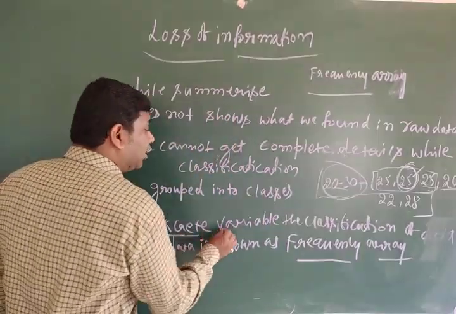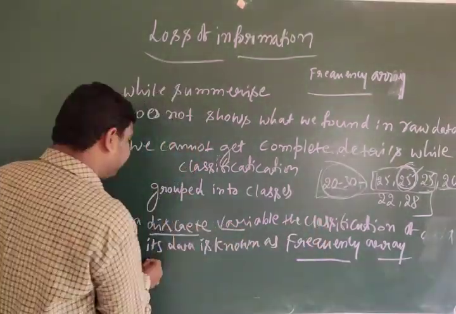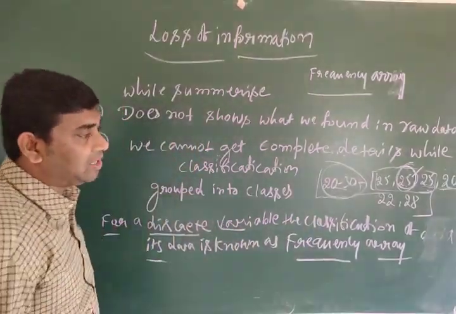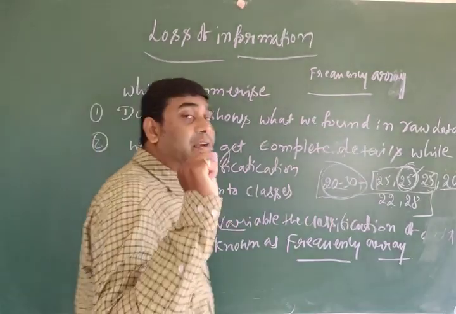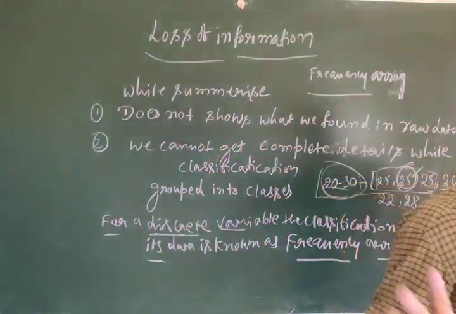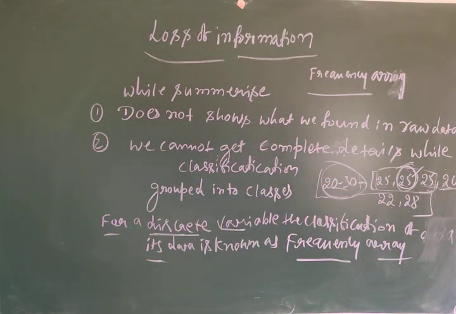For a discrete variable, the classification of its data is known as frequency array. Simple. For a discrete variable, the classification of its data is known as frequency array.